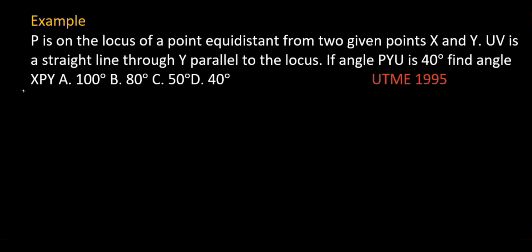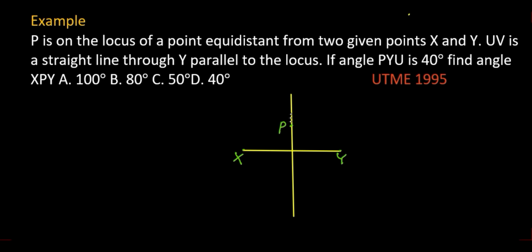To do this, let's make a sketch so that we can understand it better. We have a horizontal line XY, our straight line, and we know that the locus from two fixed points is the perpendicular bisector of the line. So we have the bisector, the vertical line there.